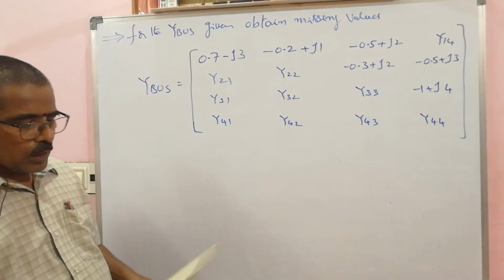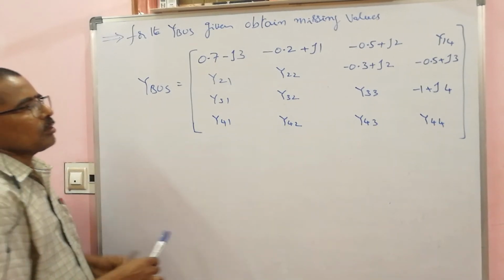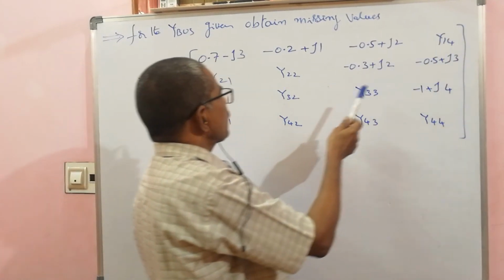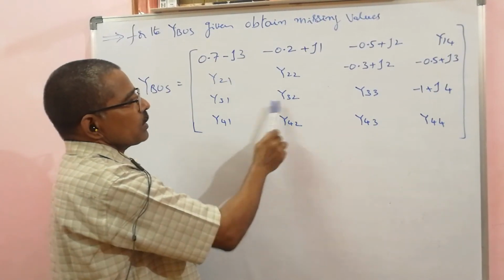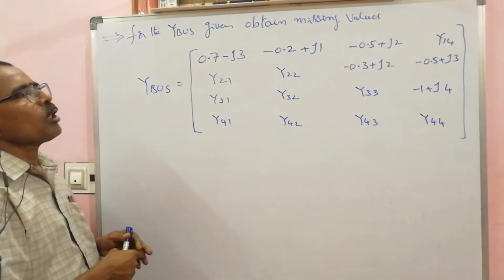So for a particular system, this Y bus is given. Some values are already there and some are missing, like Y14 is not there, Y21, Y22, these are all not there. You are asked to obtain all those values.